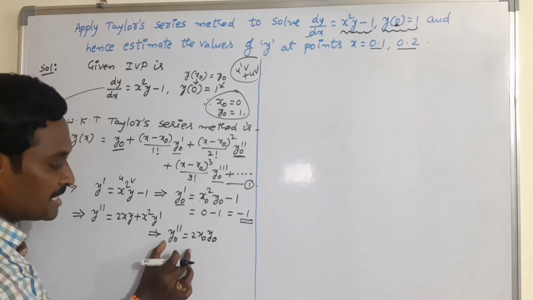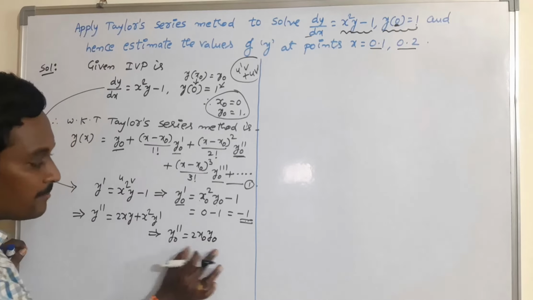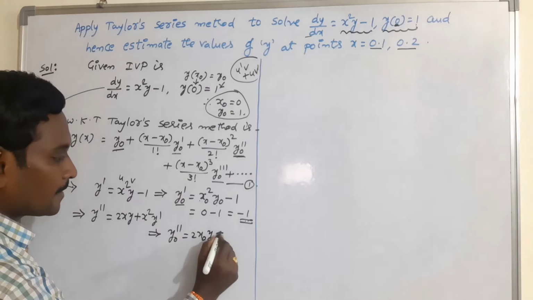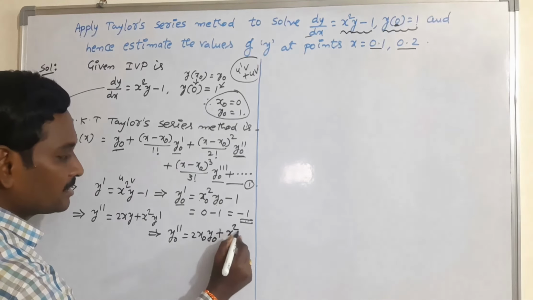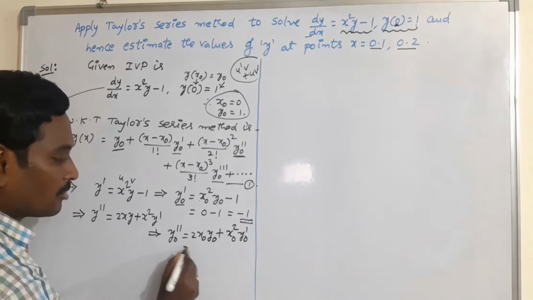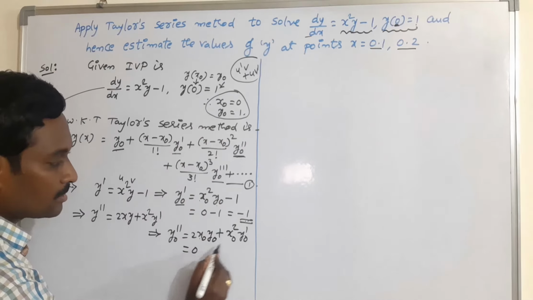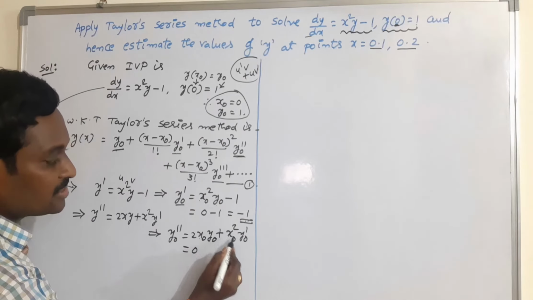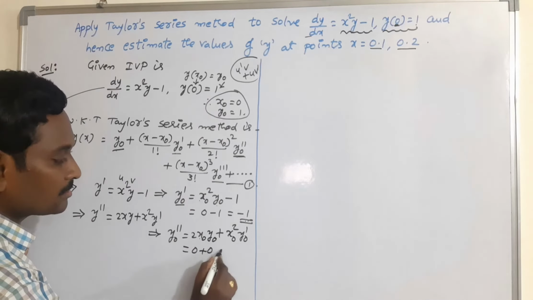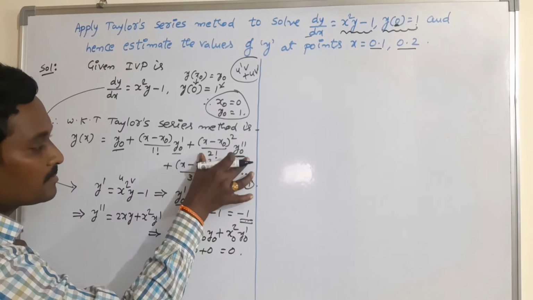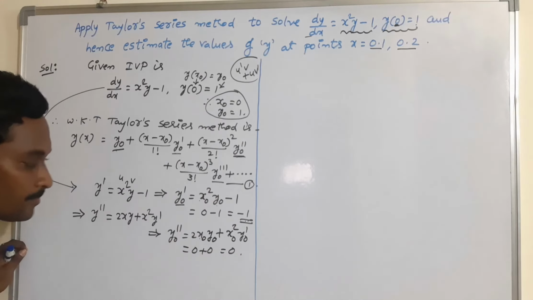Writing this expression in terms of suffix 0 is very important in this method. Now replace the values. x naught is 0, so 0 into anything is 0 and again x naught is 0, 0 into anything is 0. So y naught double dash is 0.